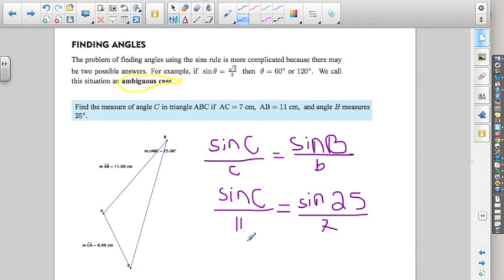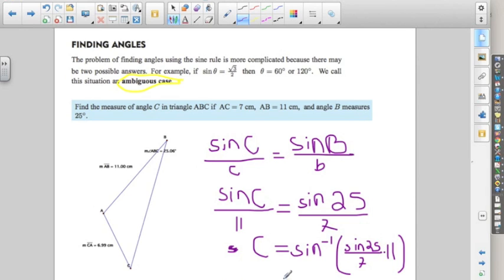So multiply both sides by 11 and then take the inverse sine. So C equals sine inverse of sine of 25 over 7 times 11.